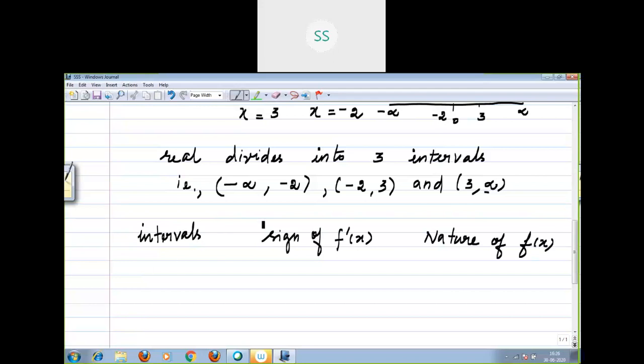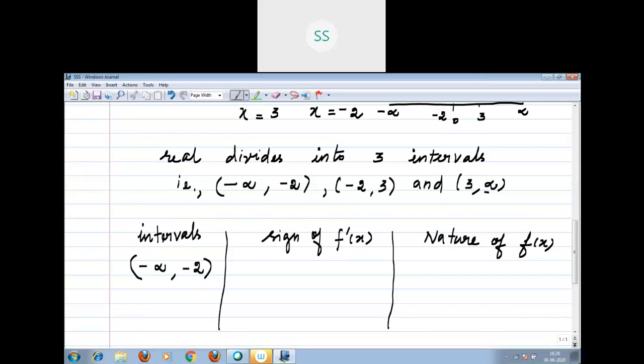See, now I am going to draw the line. First, minus infinity to minus 2. You have to select any value between minus infinity and minus 2 and substitute in your derivative, that is f dash of x.